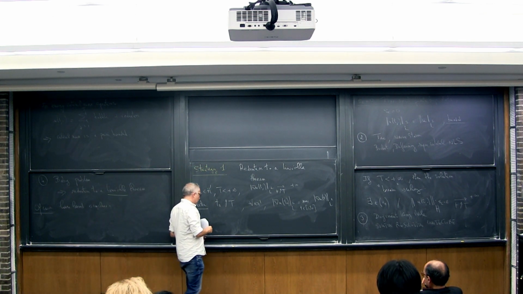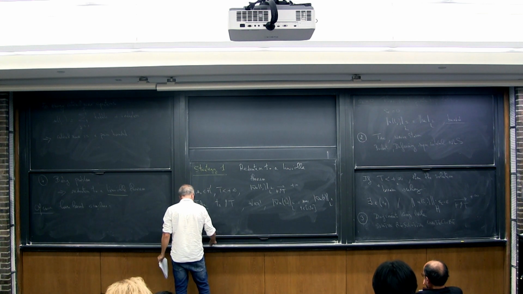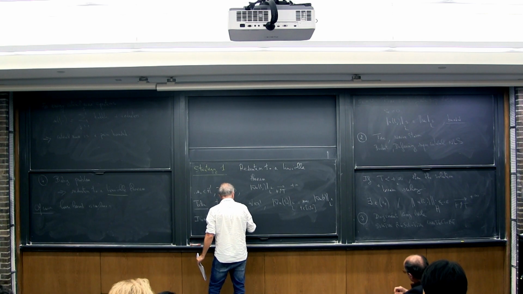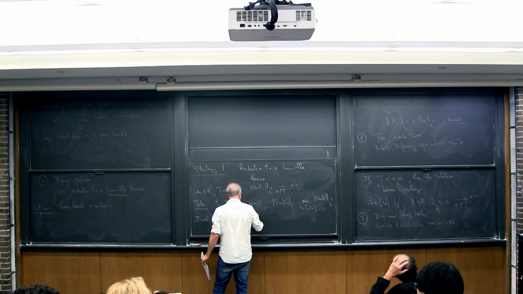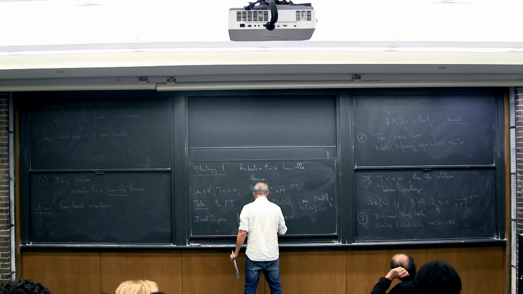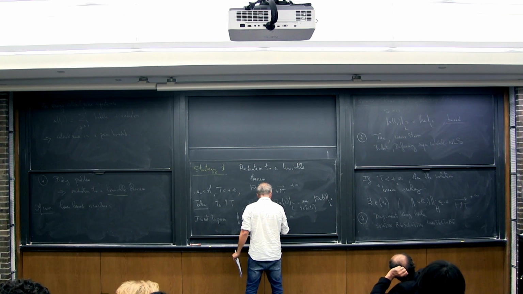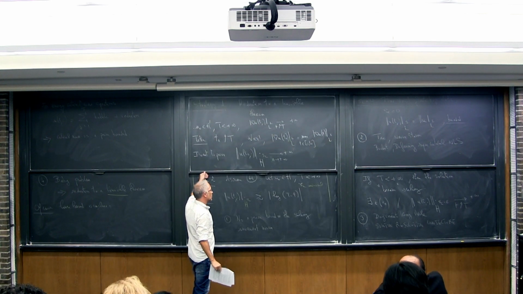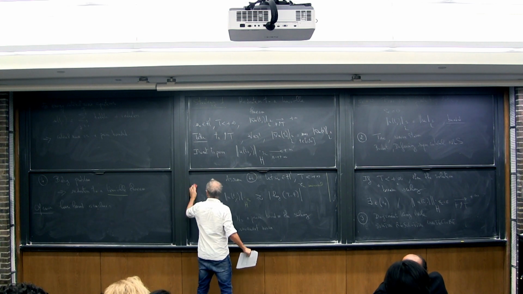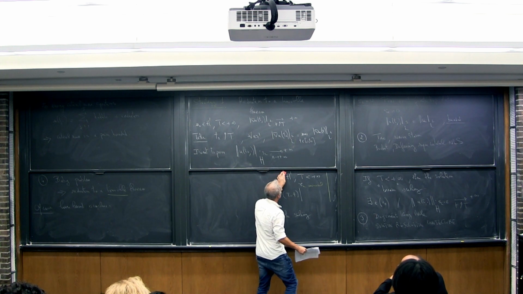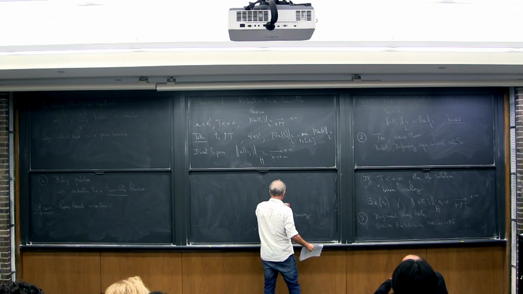Okay, and I'll argue by contradiction. So I want to prove not the log. I want to prove that along the sequence, the critical norm explodes, as n goes to infinity. And I argue by contradiction. Let's assume it does not. So again, the critical norm is between 0 and 1.